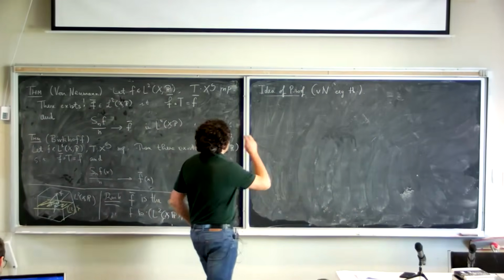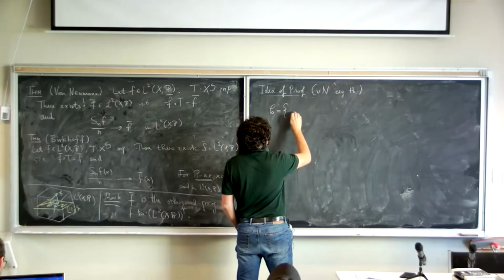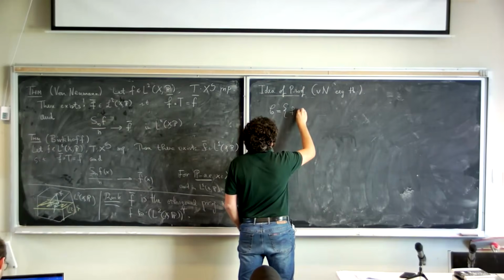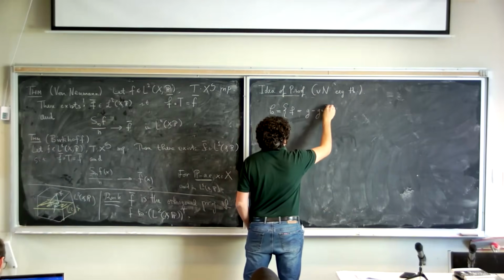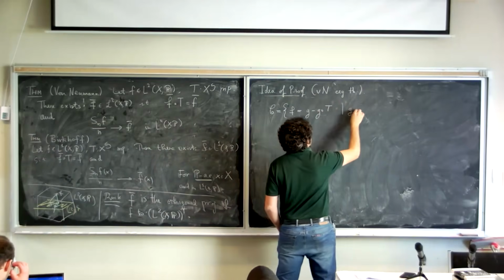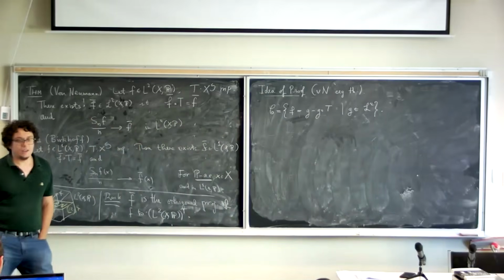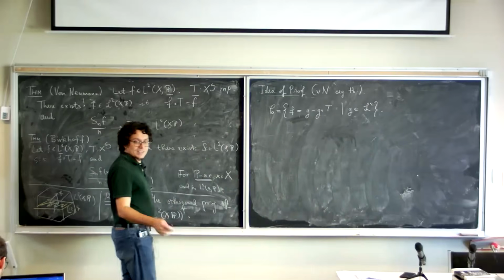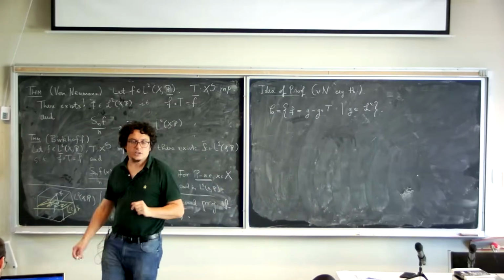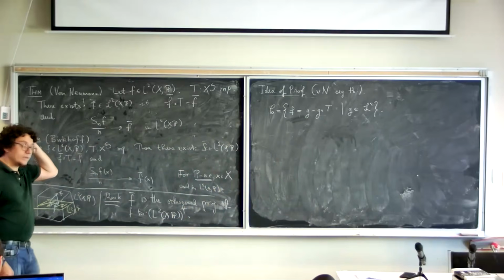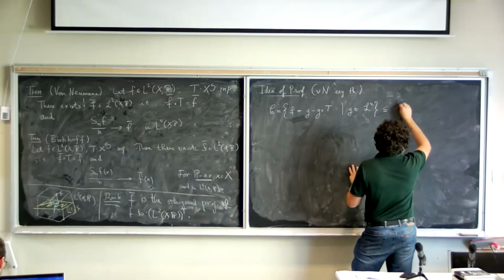And the idea is the following. Let's think of the following subset C of functions that can be written as G minus G composed with T, for G in L2. So some functions are written as the difference of G and G composed with the dynamics. This is a subspace of L2.